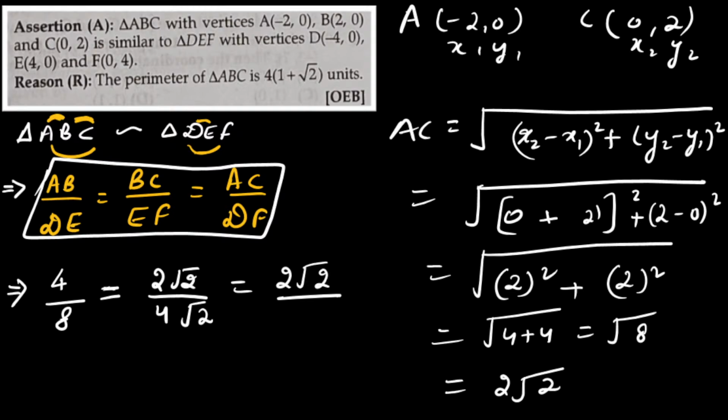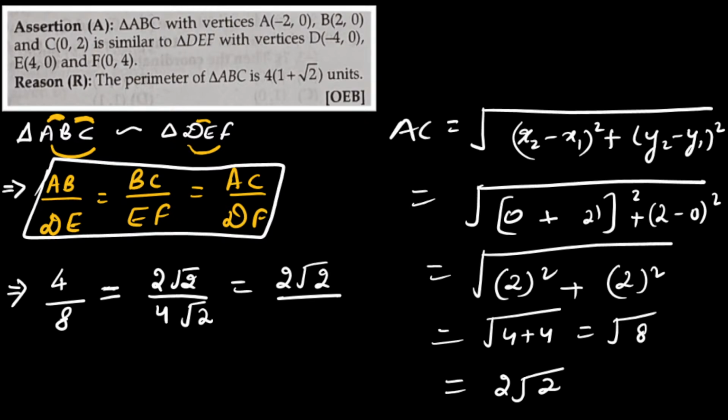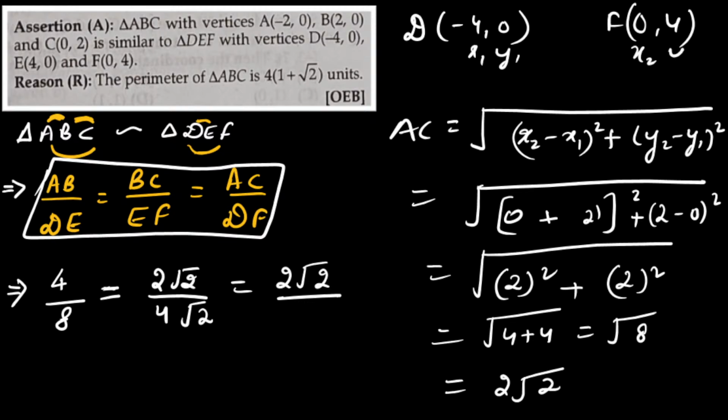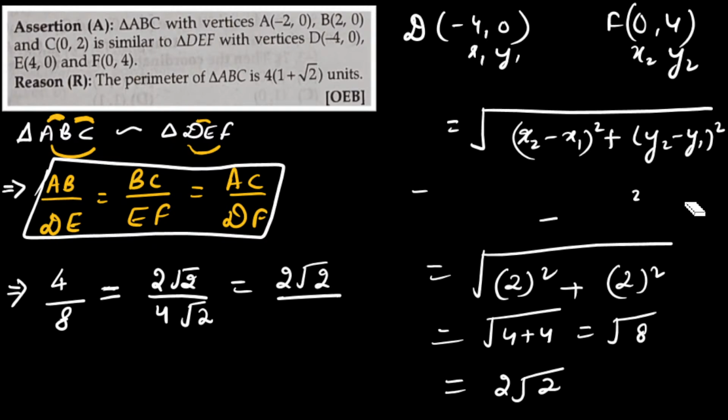Now we have to find DF. So DF we can find using the coordinates of D and F. So D's coordinates are minus 4, 0 and F's coordinates are 0, 4. D's coordinates are x1, y1 and F's coordinates are x2, y2. So let us substitute now and we'll see the value.